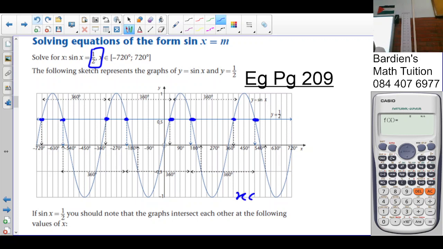So now, if those are the solutions they are looking for, then x would be an element of, and we list. The first one is 30. Can you see here? That was 30. This one here, this is increments of 30, so that's going to be 150. Can you see that? This one here, this is 360, so it's going to be 390.